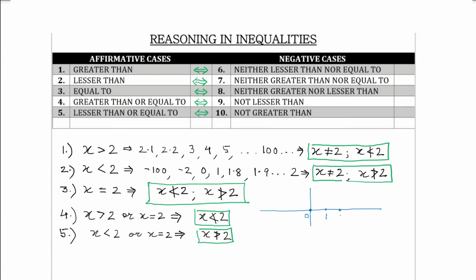Let's say this is 2. And the dots symbolize that we are talking about the points which are inclusive. Why inclusive? Because equal to means inclusive and not equal to means exclusive. So when we are saying greater than or lesser than, that means we are basically referring to not equal to.